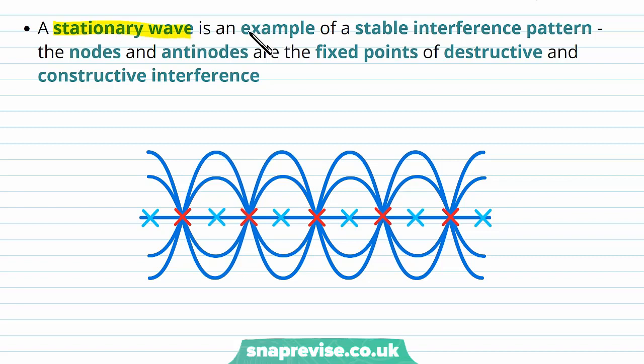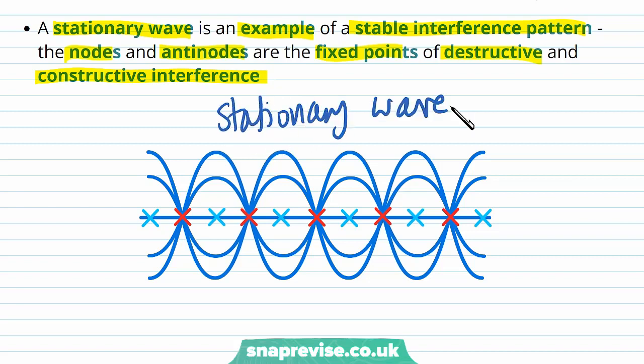A stationary wave is an example of a stable interference pattern. The nodes and antinodes are the fixed points of destructive and constructive interference. So here we have a stationary wave. We've come across stationary waves quite a lot by now, and in fact, we can see that they're an example of a stable interference pattern.